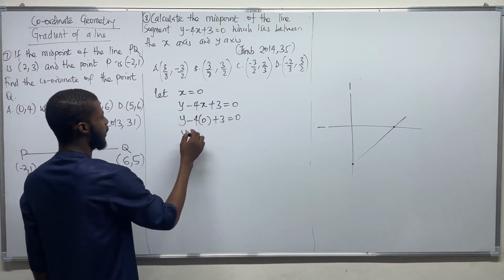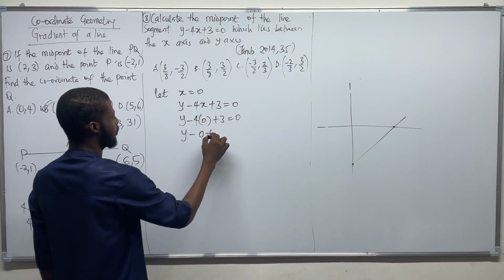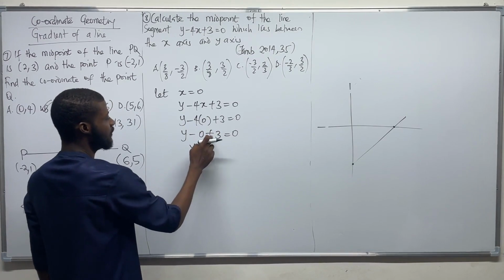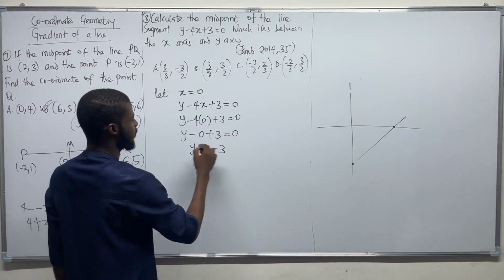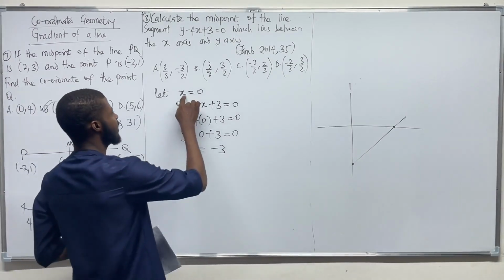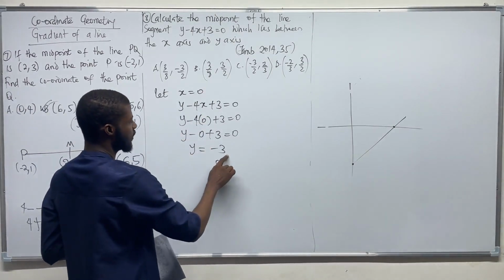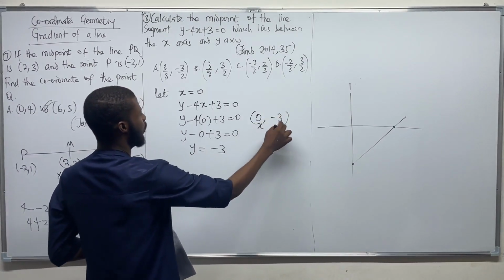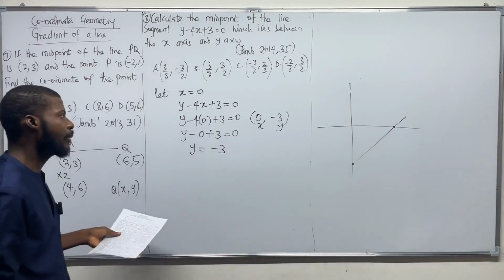So y minus 4 times 0 is 0, plus 3 equal to 0. So y equals, if this plus 3 goes over, it becomes minus 3. So we've been able to get a point, because x is 0 when y is minus 3. So this is (0, -3), x and y. We've been able to get a coordinate, a point.